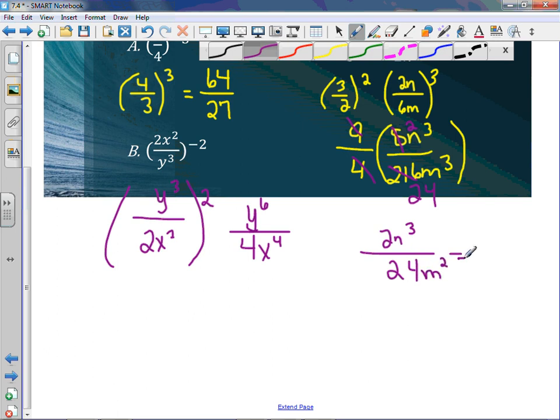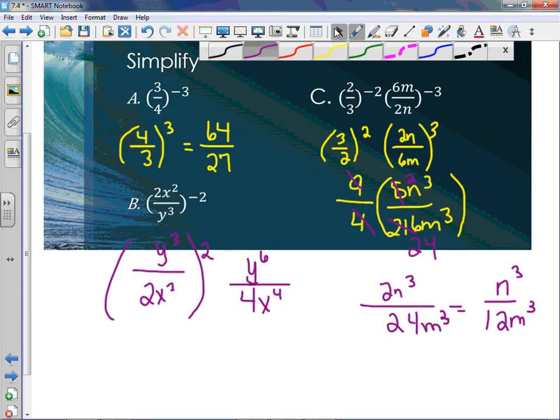I'm still not done simplifying. I end up with n to the third, should be a 3, over 12 m to the third. The n and the m are not going to affect each other because they have different bases.